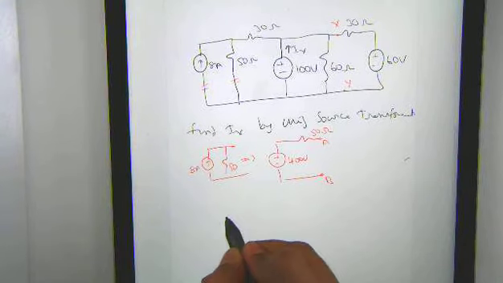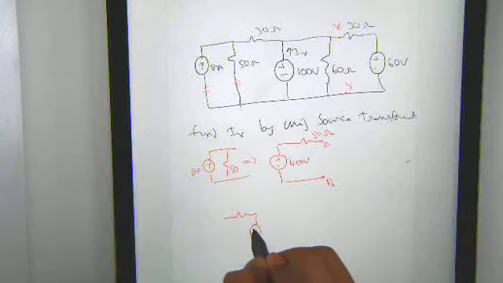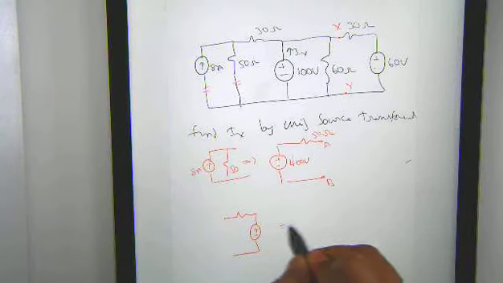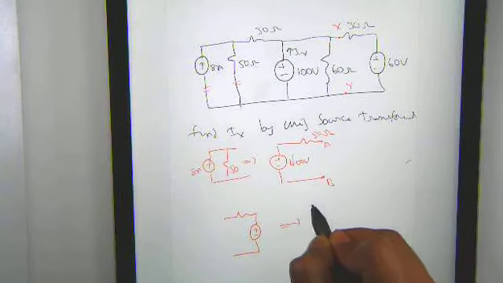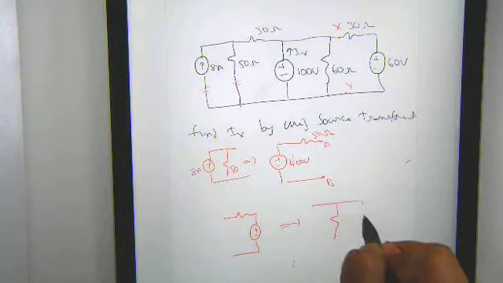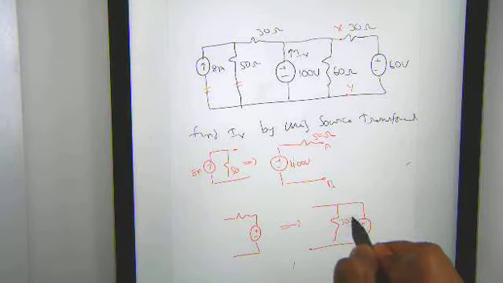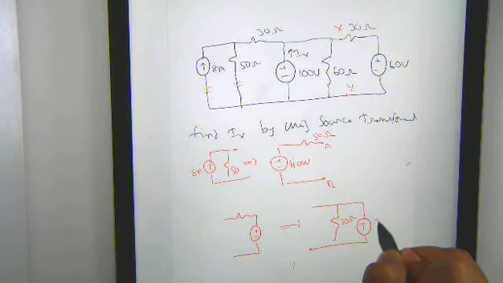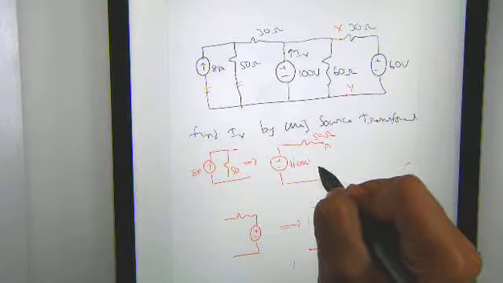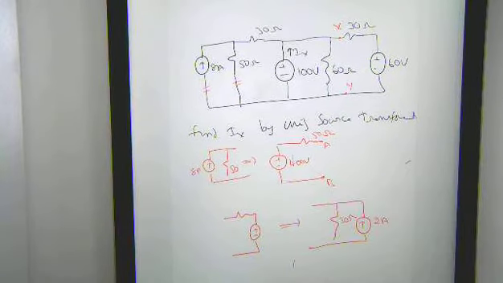So I can transfer that into a current source in parallel with resistor. So I'll end up with 30 ohms here, and this is 2 amperes. Okay, so X and Y.